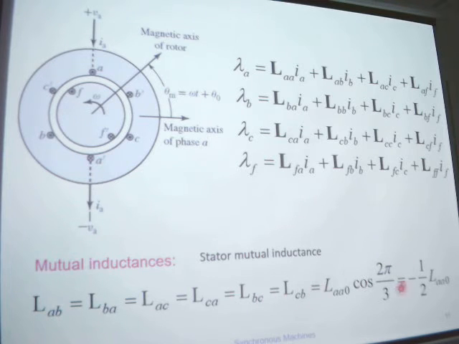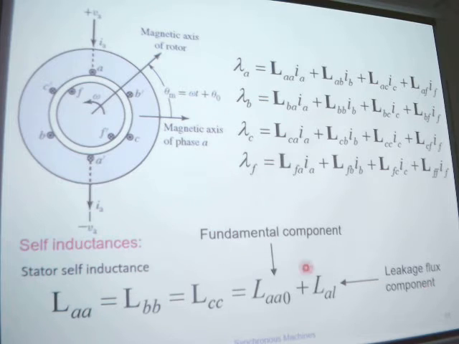But it is a function of the electric angle, so we use cosine of 120 degrees. So it can be simplified as minus 0.5 L0. L0 is the self-inductance.